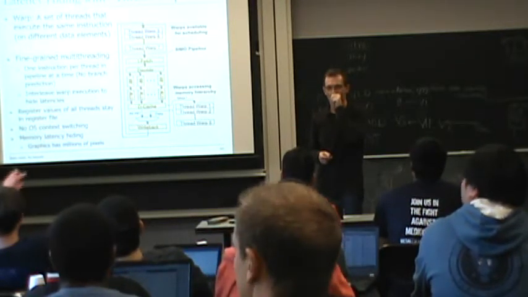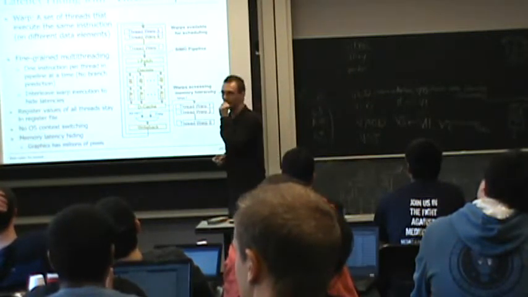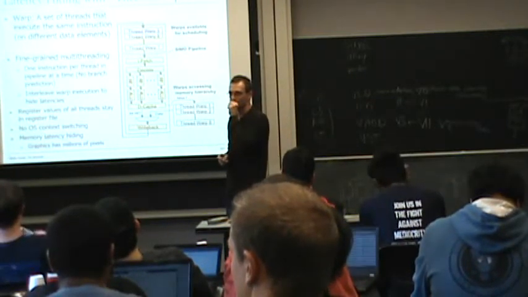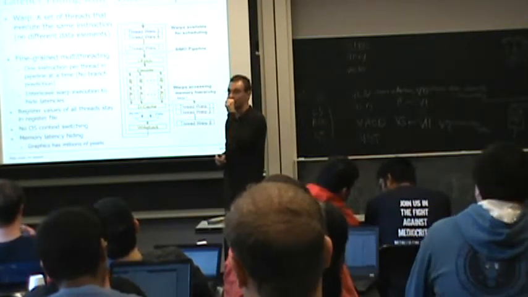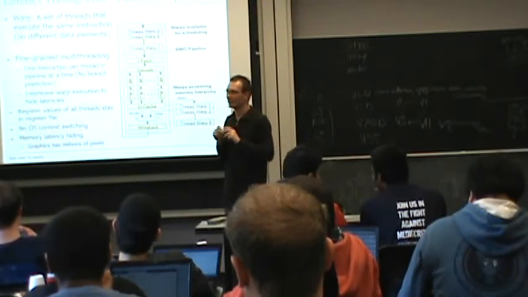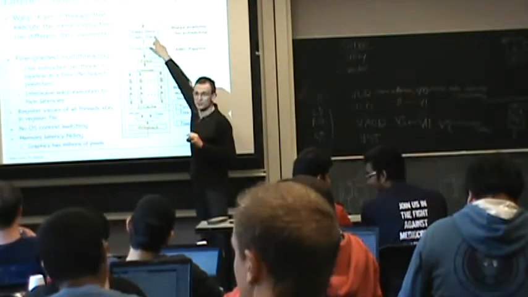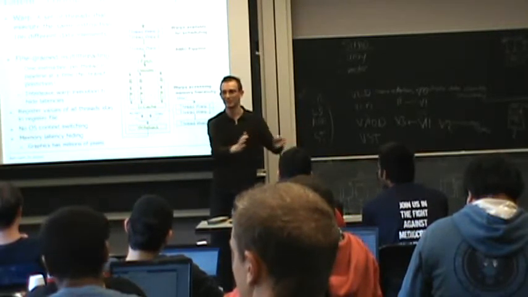Going back to the top part, the thread warp: are you only fetching for one thread warp at a time? That's right, yes. Because one thread warp, one program counter. And you have multiple thread warps that have potentially different program counters, and you can pipeline them.